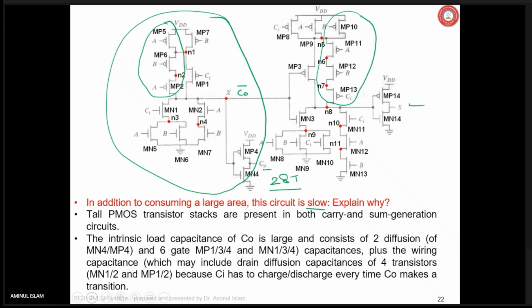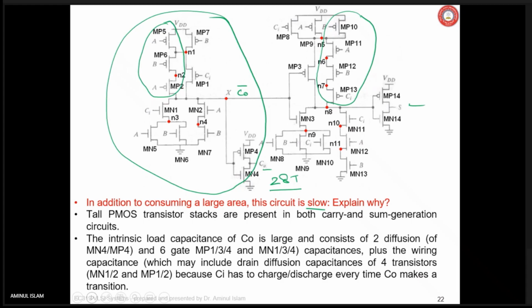Can you look into the circuit and try to understand what is written there in the second bullet? Understanding a circuit is not just that it is giving proper output. You have to see that delay, power consumption, area, all things are there. All these design metrics you have to improve.